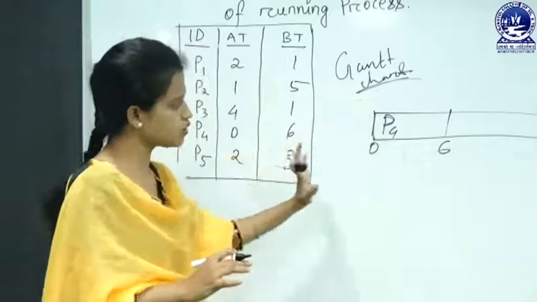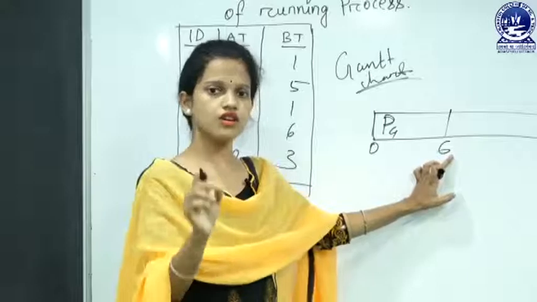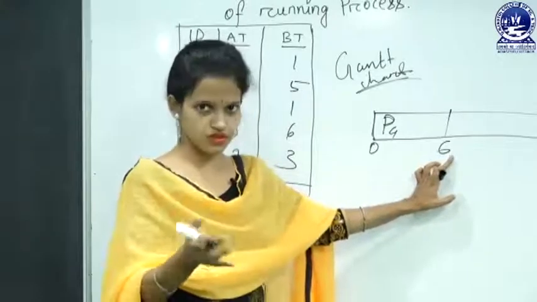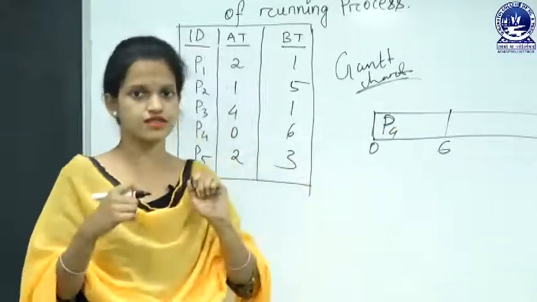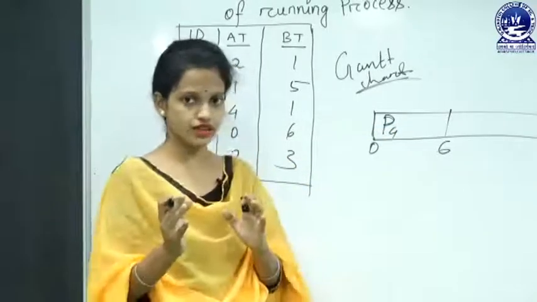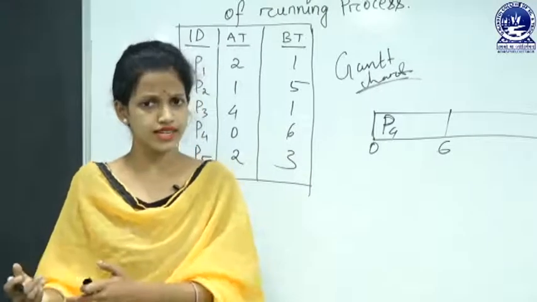We cannot remove that process forcefully; it executes from 0 to 6 milliseconds until its termination. We cannot remove that process. It is not like that in the preemptive case. We have to check each unit of time: is there any newly arrived process at the ready state?